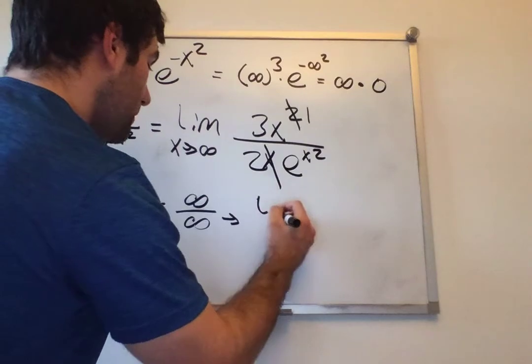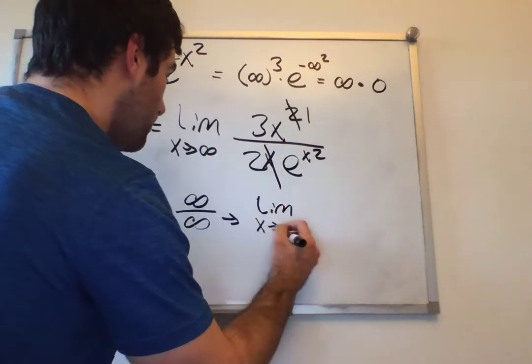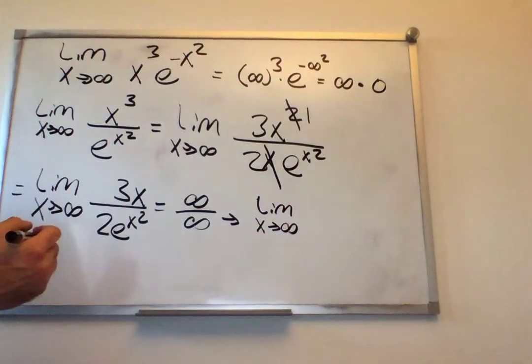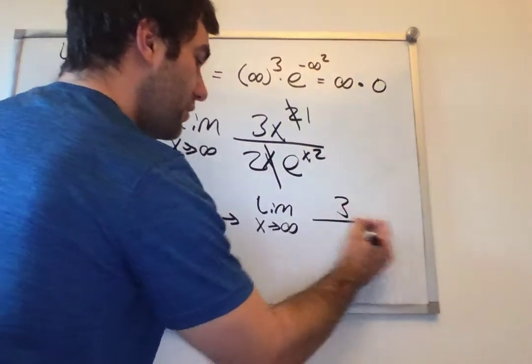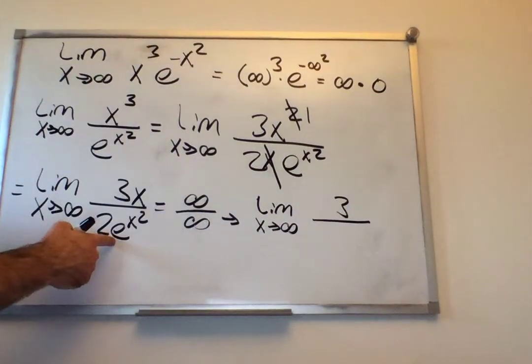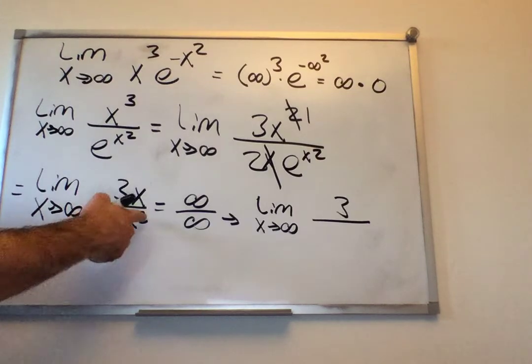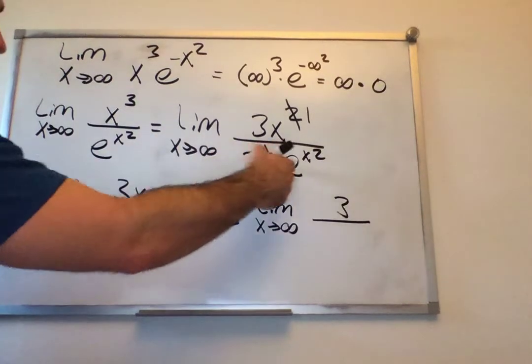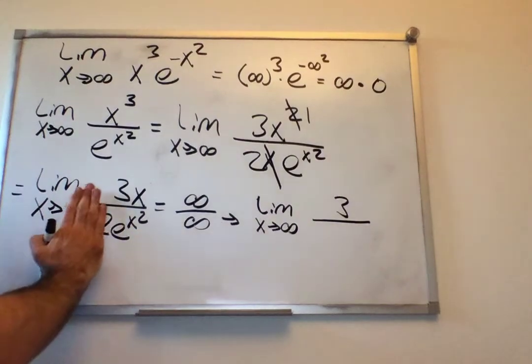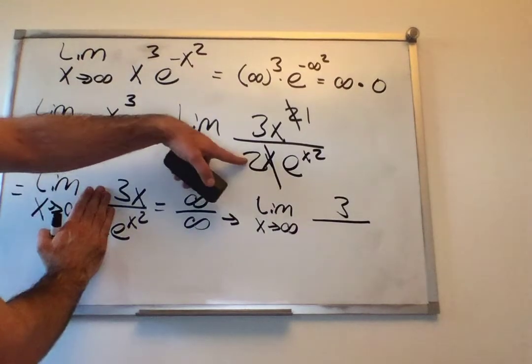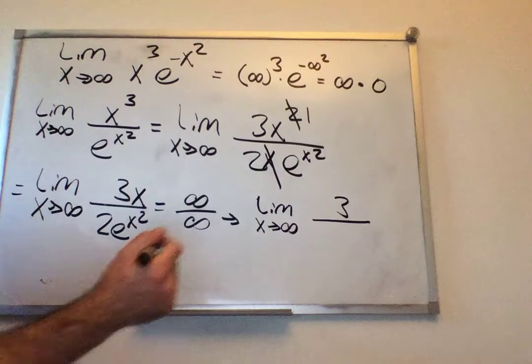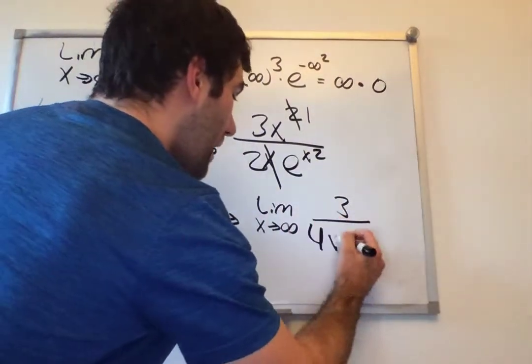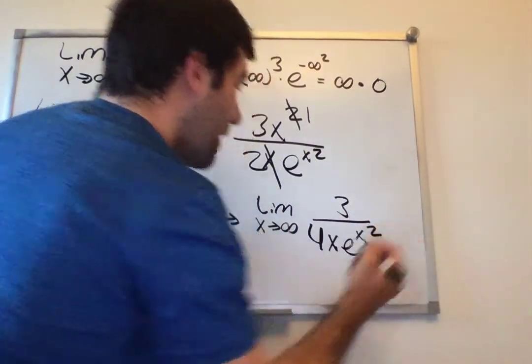So this is the limit as x goes to infinity. The derivative of the numerator is just 3. The derivative of the denominator, we already did that. It was 2x e to the x squared. So when I take the derivative of that, I should get this piece multiplied by another 2, so it would be 4x e to the x squared.